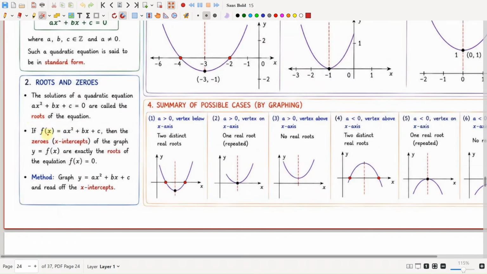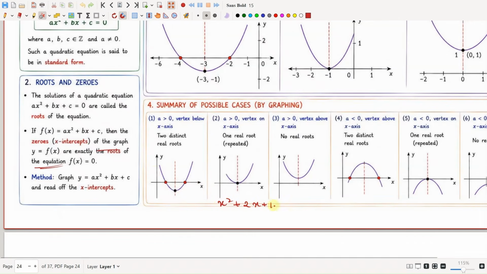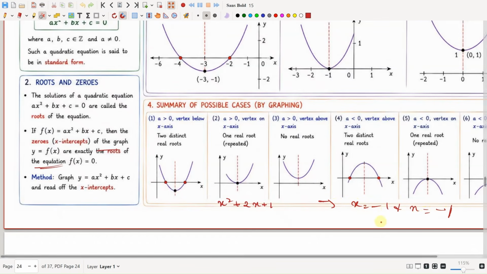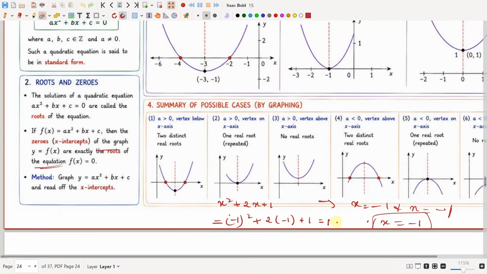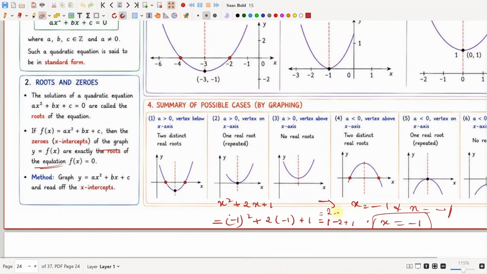And if f of x is equal to ax square plus bx plus c, then the zeros, that is the x-intercepts of the graph of y is equal to f of x, are exactly the roots of the equation. See, in x square plus 2x plus 1, I have found the roots as x is equal to minus 1 and x is equal to minus 1. Both are equal, so I can just consider x is equal to minus 1 as the root. Now if I substitute x is equal to minus 1, I get minus 1 the whole square plus 2 into minus 1 plus 1, which is 1 minus 2 plus 1, which is 2 minus 2, which is 0.